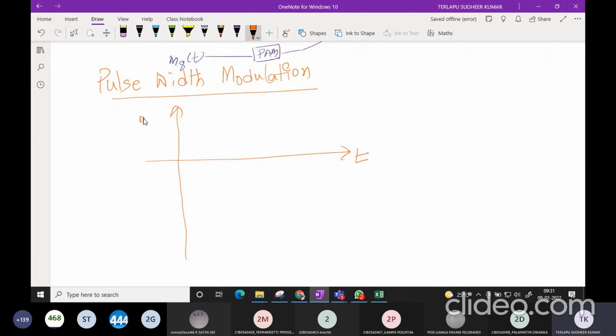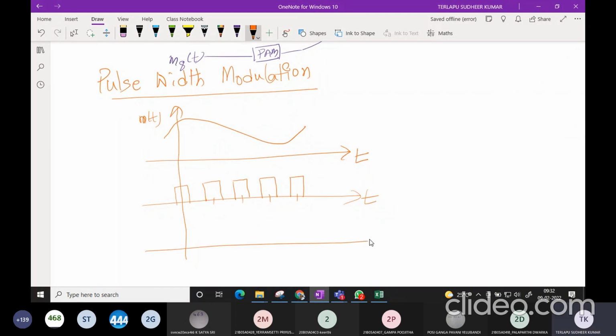So this is my m of t. Let me take m of t, which looks like this. Let us suppose I have a pulse train. It will be all having equal height and equal width.